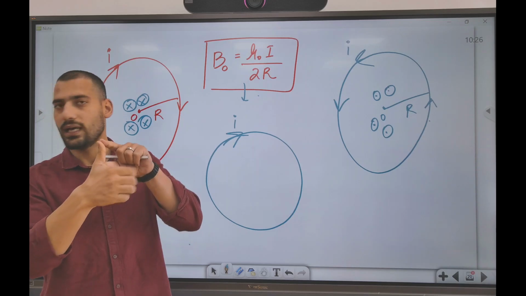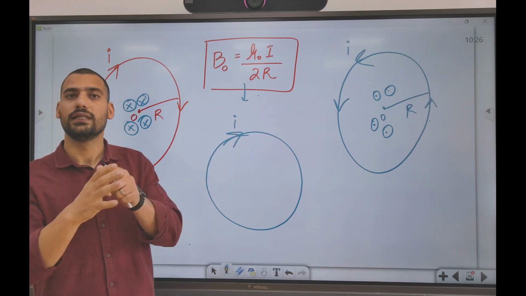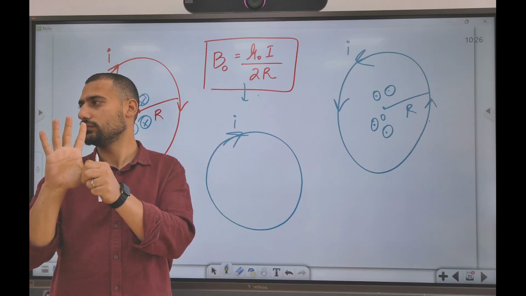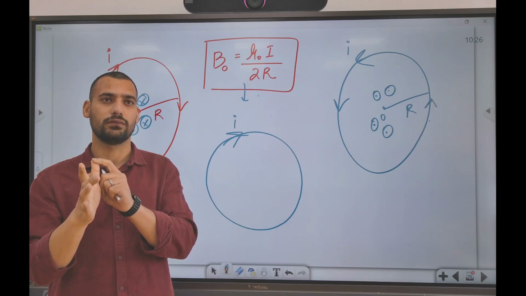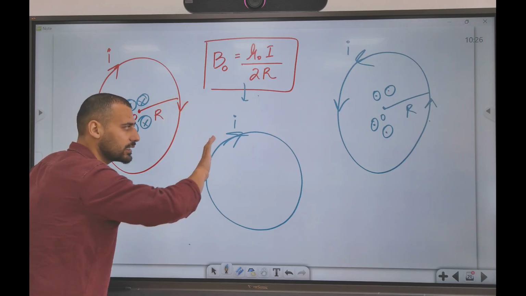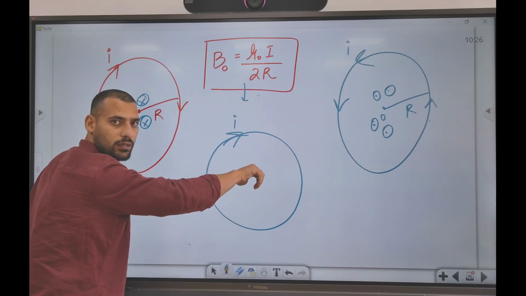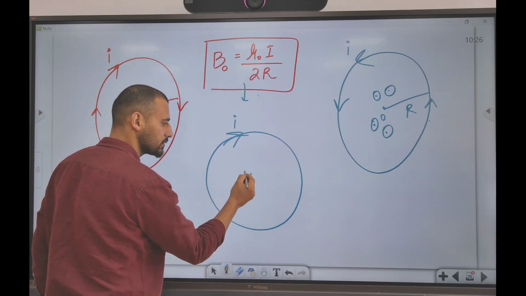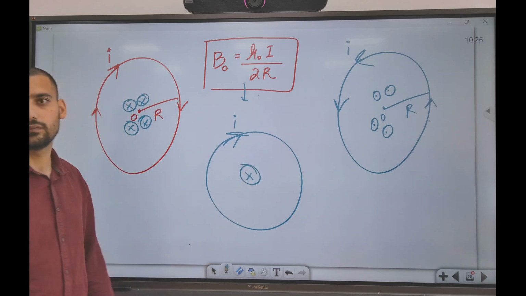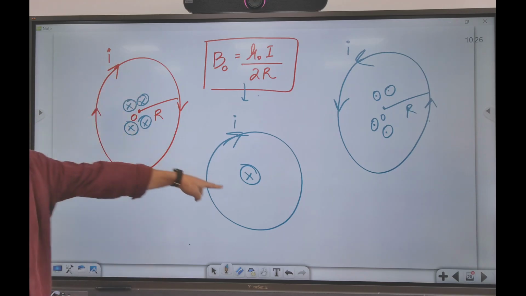Now, for a circular loop, this is the direction, and this will give you the magnetic field. It's reversed. So curl your fingers along the direction of current, like this. Where is the thumb going? Inwards, and inwards is cross. So, this is wrong. No, it's correct. Isn't it the same?